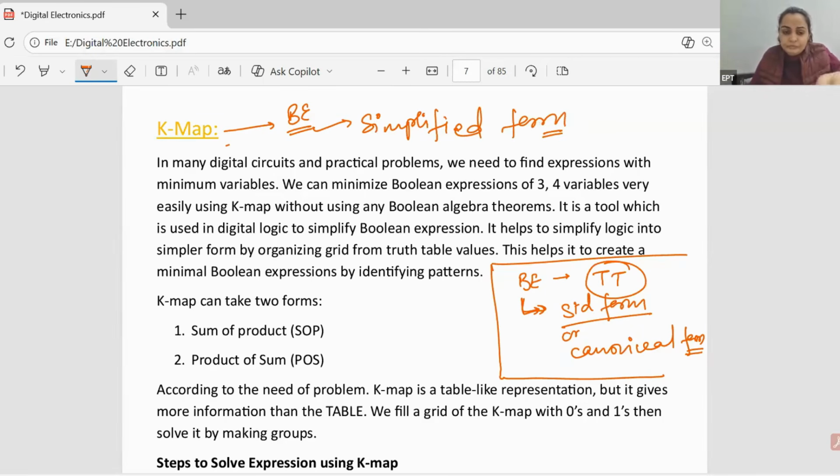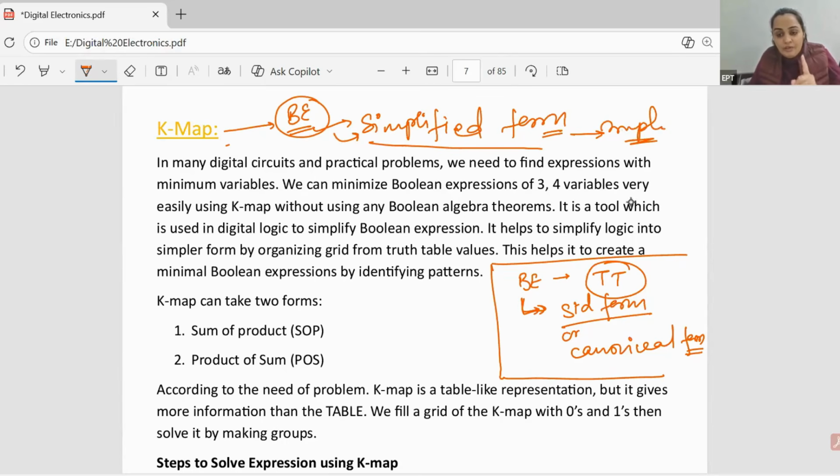Now one more thing, NAND and NOR are the two universal logic gates. You can implement any circuit using these two gates, right? Similarly, MUX is a universal circuit. You can implement any logic gate, any circuit using the MUX, right? So if the problem says you have to implement the given expression using logic gates, then you will write down the Boolean expression in its simplified form, then implement the circuit.